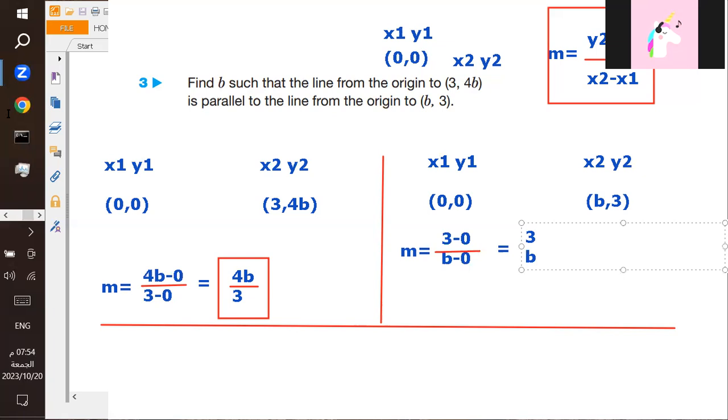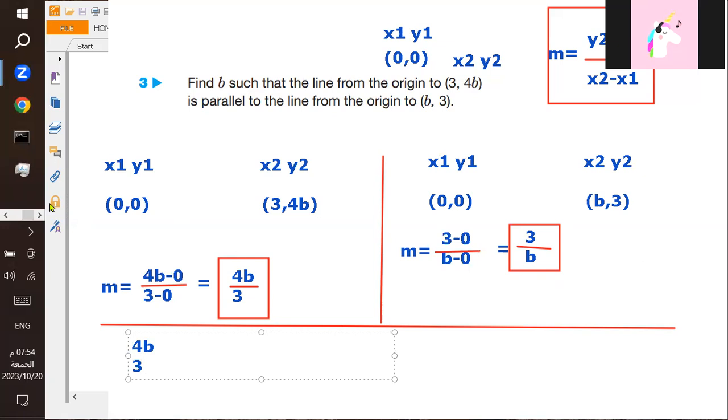Good. Now, after finding these gradients, I'm going to use them to find the value of b. How is that? Because I know that parallel means both gradients are the same. It means this gradient is equal to this gradient. So we make an equation: 4b over 3 equals 3 over b.